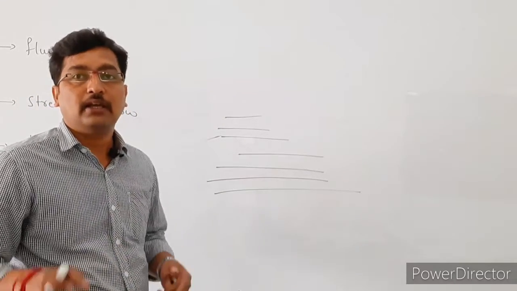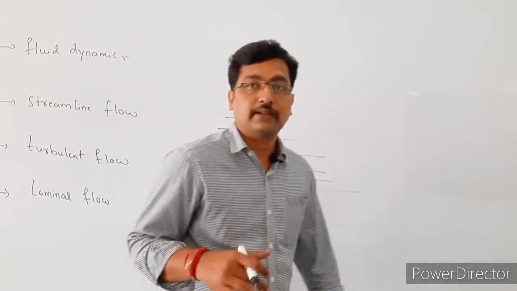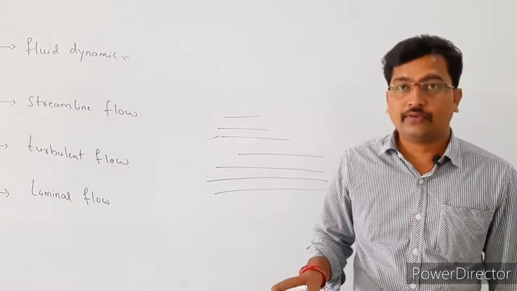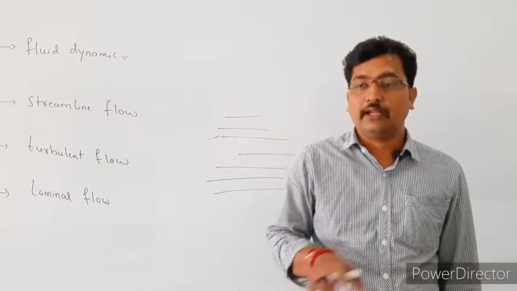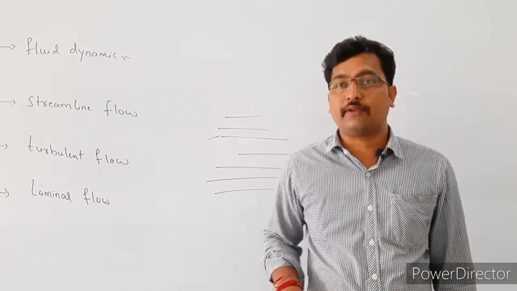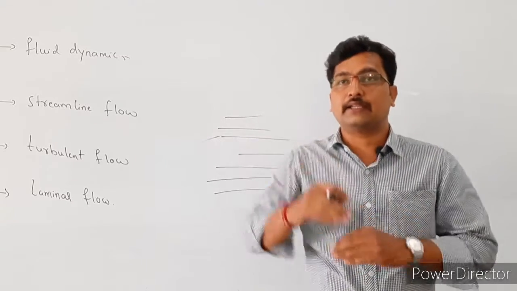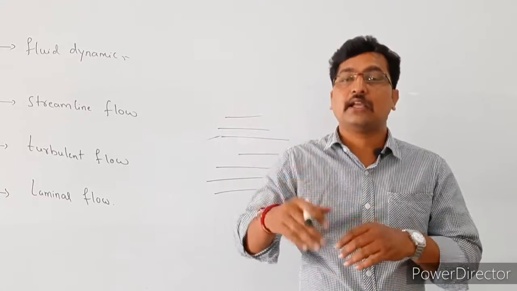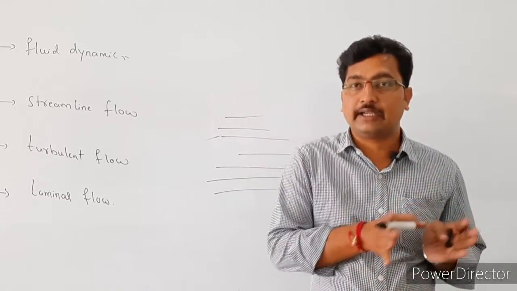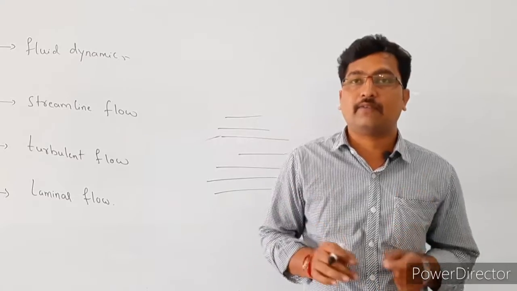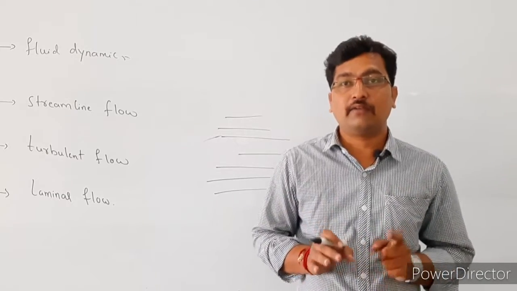That is known as laminar flow. So what is the definition of laminar flow? If a fluid flows on a horizontal surface, it forms different layers, and the different layers move with different velocities. That flow is known as laminar flow, right?